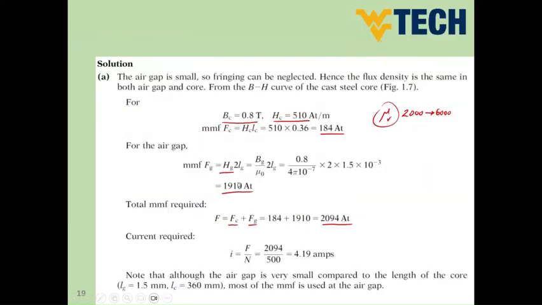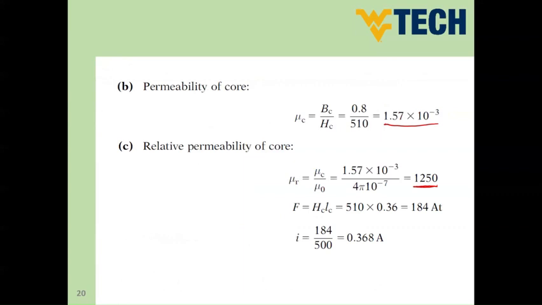Since we already calculated two parts, the first part of the MMF is the part due to the magnetic core itself, and the second part is due to the air gap. And now we don't have air gap, which means this part will be 0 now. So this means, guys, the current can be calculated using only the MMF of the second part.